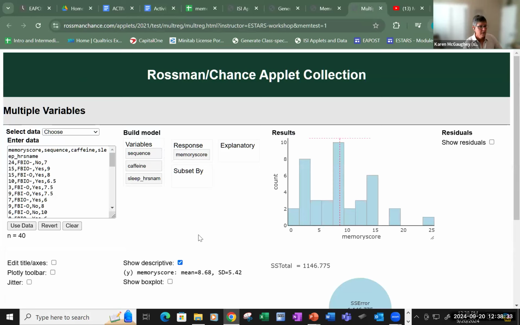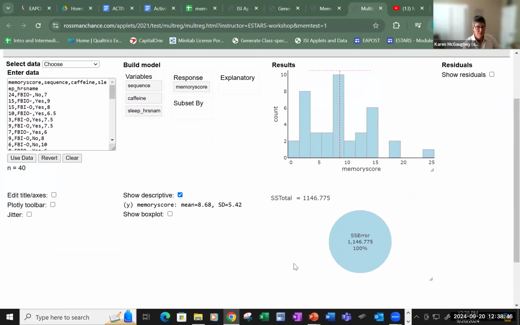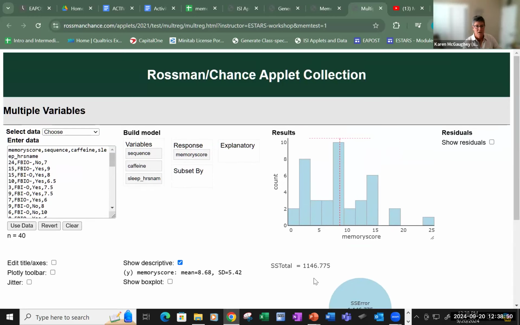If you click show descriptives, it'll give you the average memory score, the standard deviation of memory score. It also gives you sums of squares. So if you're teaching a second course in statistics and you've talked about sums of squares, that information is down here. If you're in a first course, just have students ignore that, I guess.